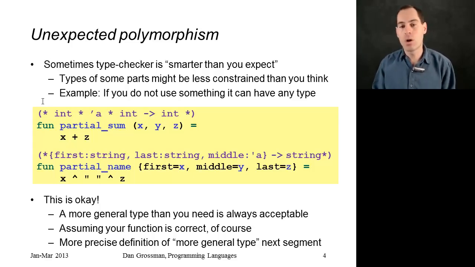And we don't have to worry about the type that ML gave us as long as it's more general than what we needed. Now, hopefully, this idea of more general is intriguing to you, and you'd like to learn, hey, given two types, how can I tell if one is more general than another? And I can give you precise rules for doing that, and I'll do it in the next segment.